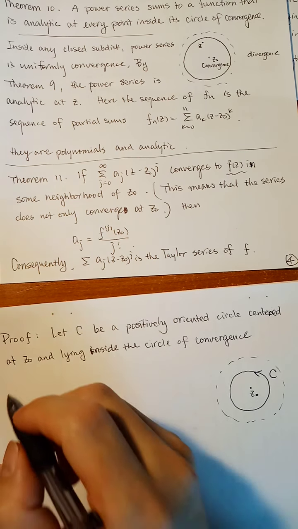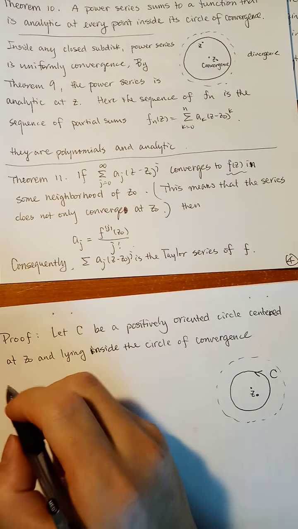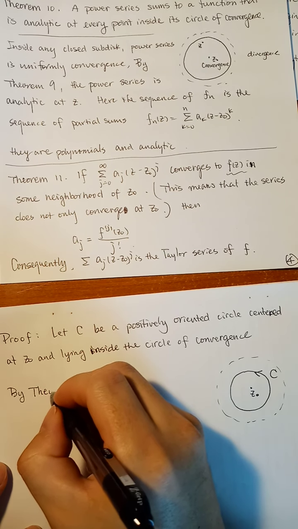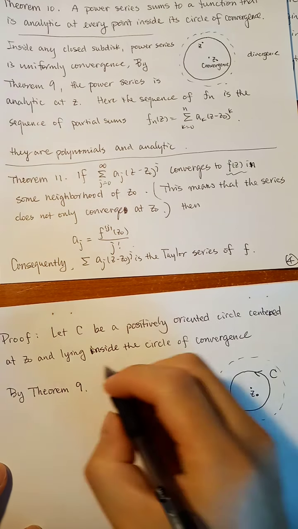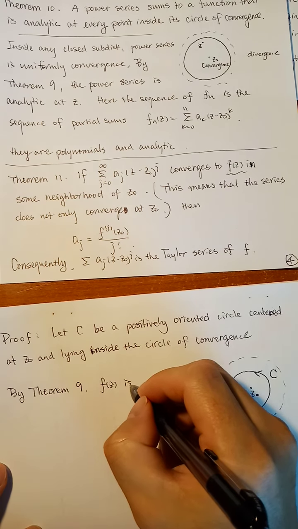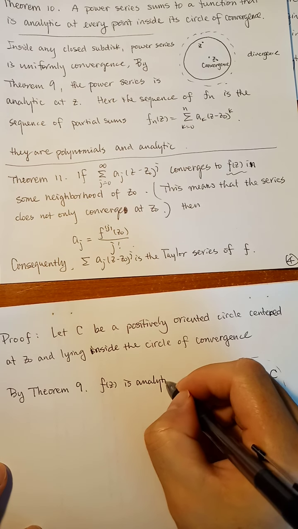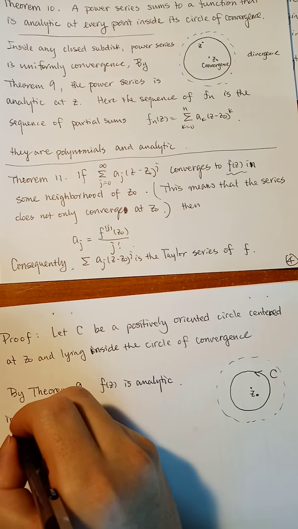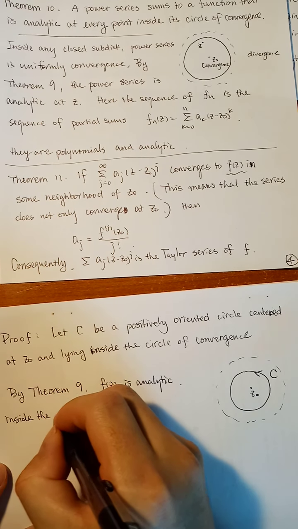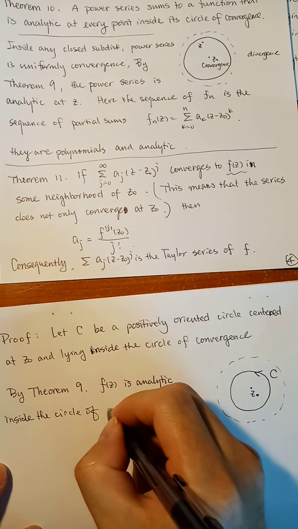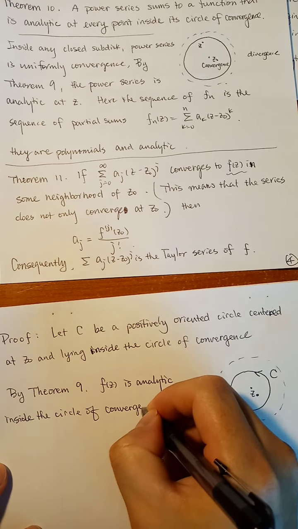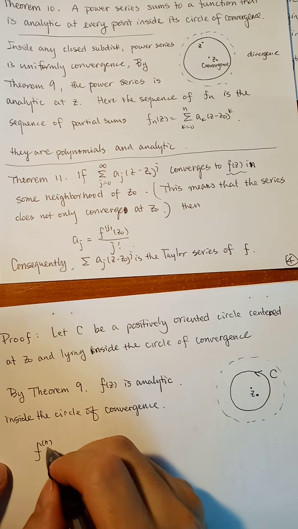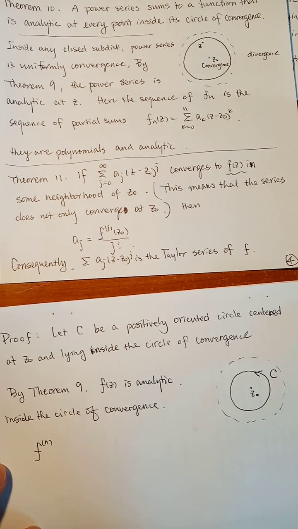We already know by theorem 9 that f(z) is analytic inside the circle of convergence. Analytic inside the circle of convergence, then we do have the Cauchy integral formula for the nth derivative.